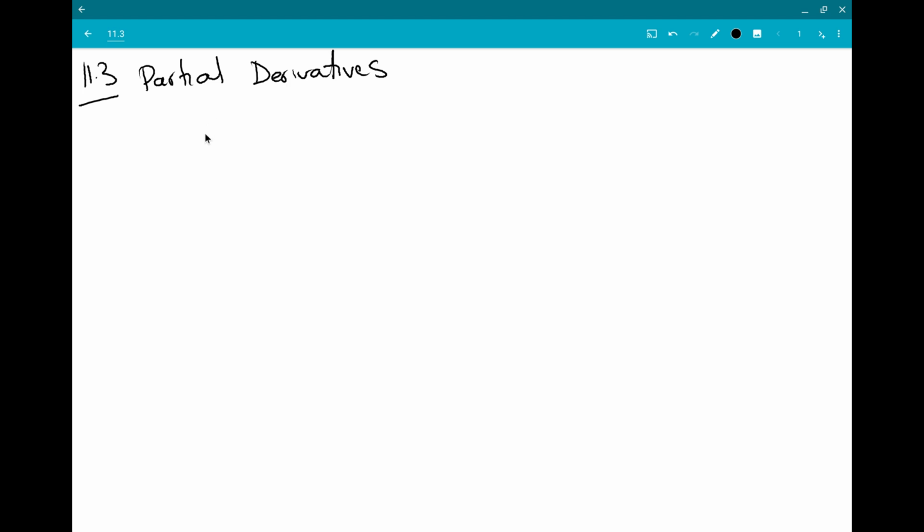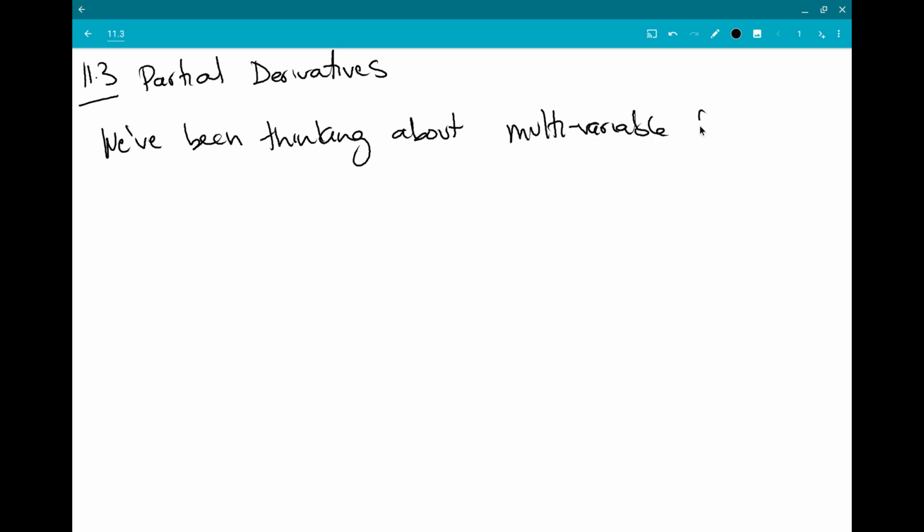But the idea behind a partial derivative is that we've been thinking about multivariable functions. Like z equal to f of x y, or even you could think about some function g that depends on x, y, and z.